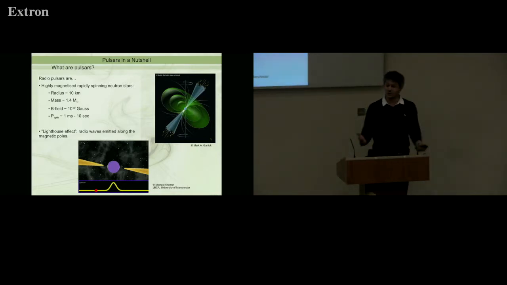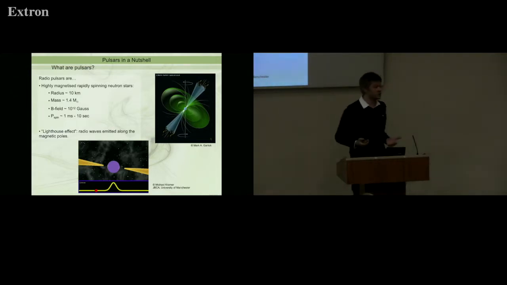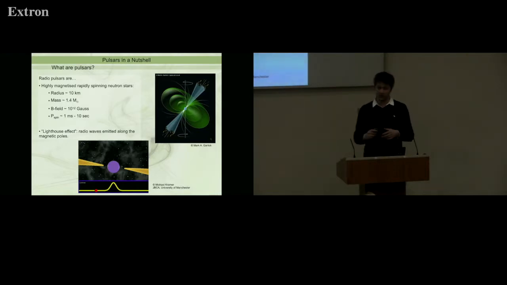They also spin very fast. Their spins range from a couple of milliseconds for one rotation to about 10 or so seconds for the slowest ones we observe. Actually, just this past summer, a student in Manchester discovered the slowest one known, at 23.5 seconds. So it's rather long compared to some of the other ones.